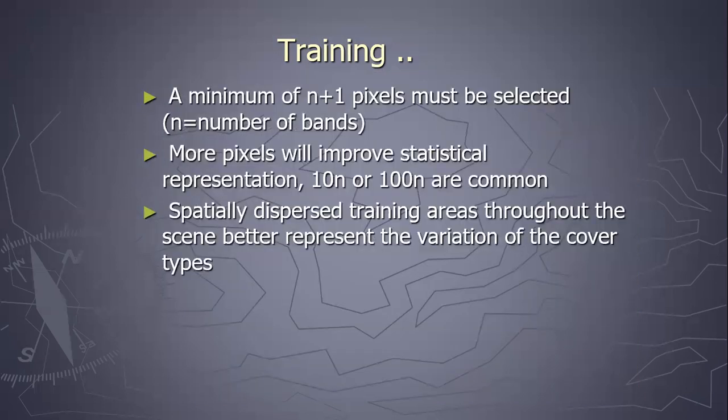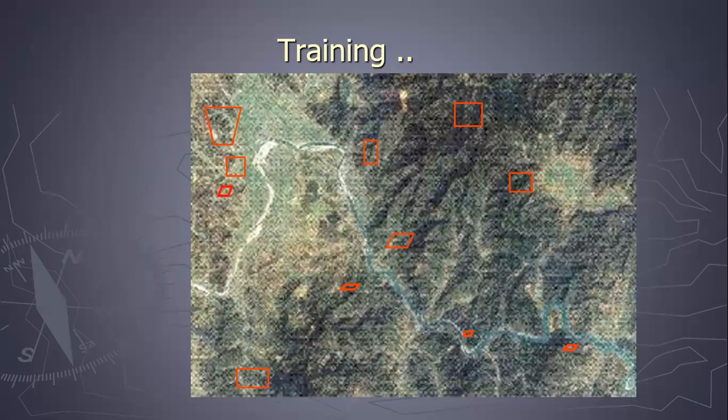Again, certain conditions for training: a minimum of n plus 1 pixels must be selected, where n is the number of bands. Number of bands means, see the red mark, you can see the color difference, fine. That image represents different spectral bands.